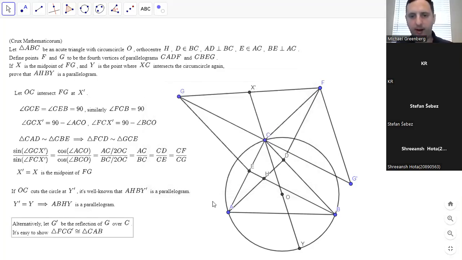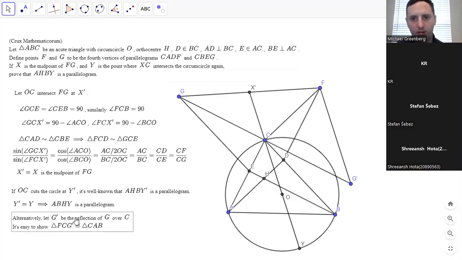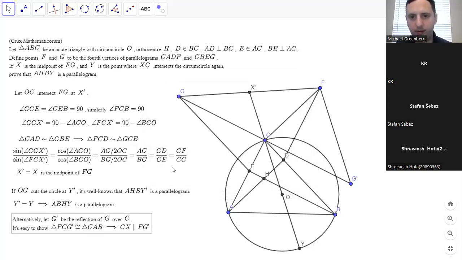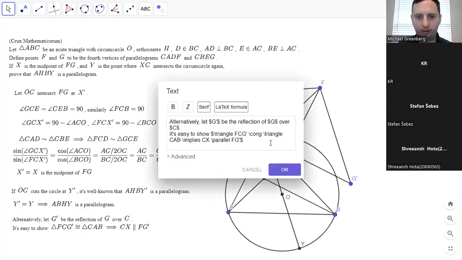And that means that, so that would imply that CX is parallel to FG prime. And that implies that X, C, and O are collinear by angle chase.